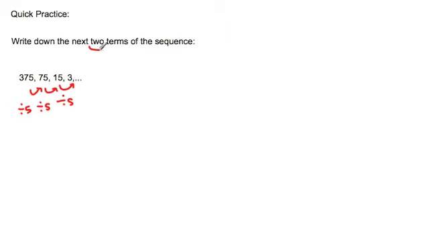So now if I need to find the next 2 terms, I'm going to take 3 and divide it by 5. I don't know what 3 divided by 5 is, but I do know that a fraction represents an unfinished division problem. So 3/5. Then I need to get to the next number. I'm going to take 3/5 and divide it by 5.